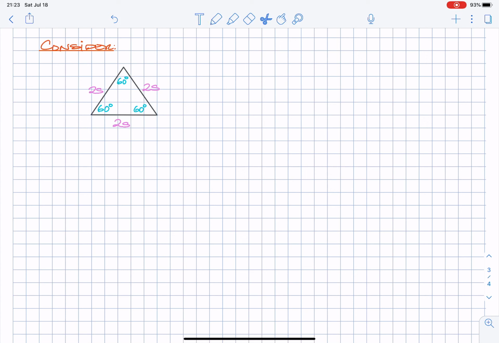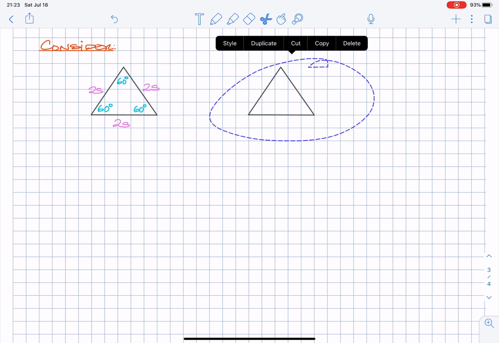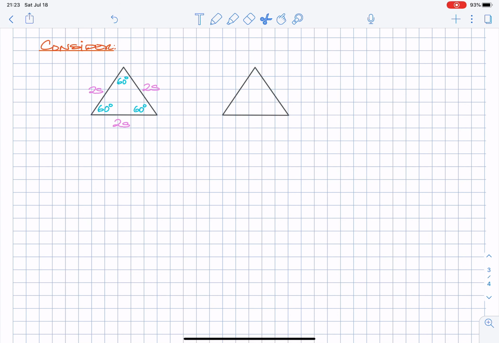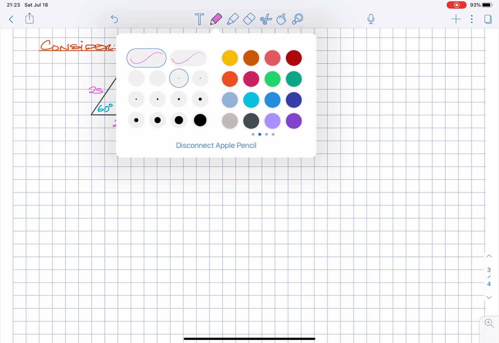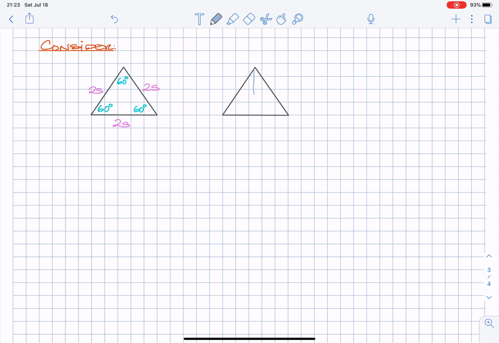So what I'm going to do now is take this equilateral triangle and cut it in half vertically. So now I'm going to have an altitude drop down at a 90-degree angle.